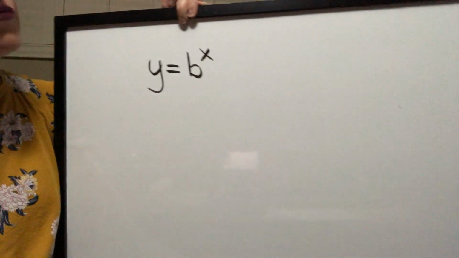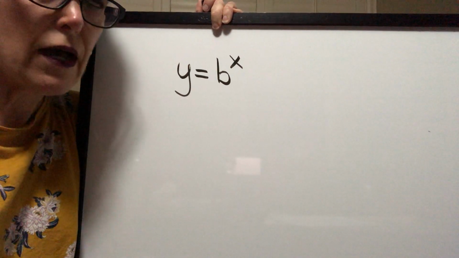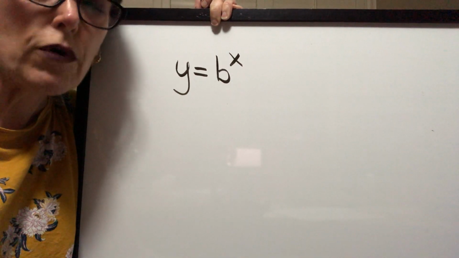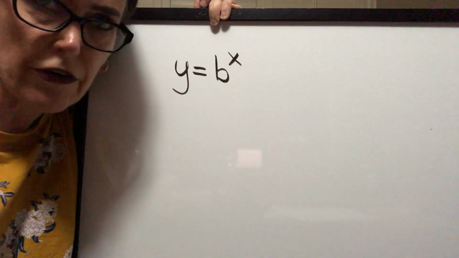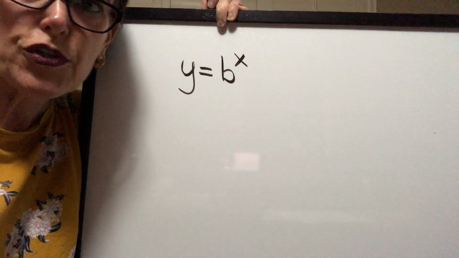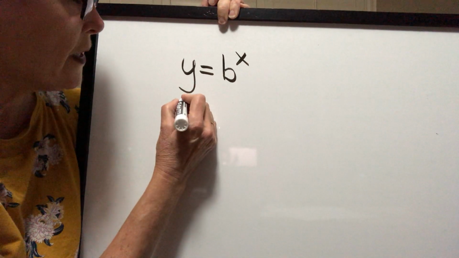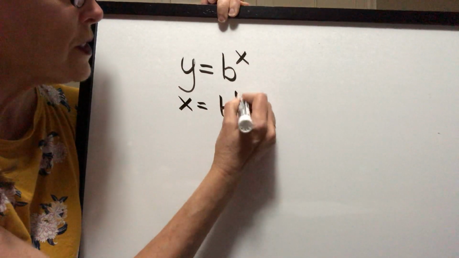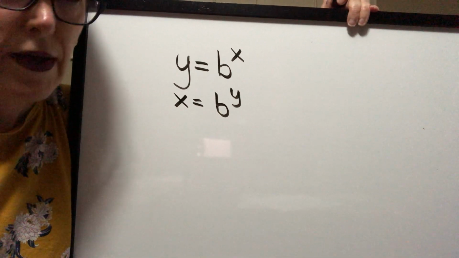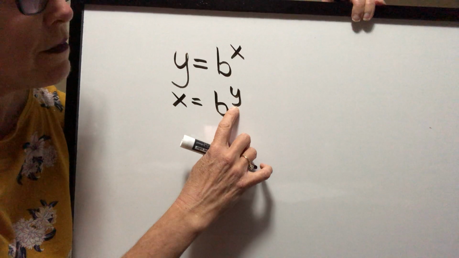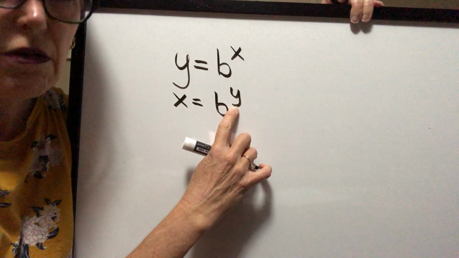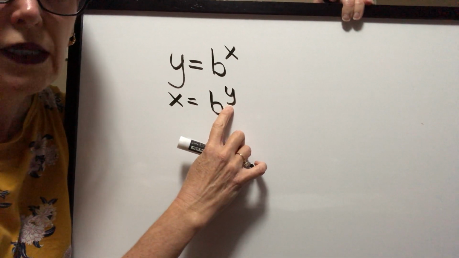When you studied inverses, what you do to find the inverse of any function is you switch the x and the y. If I were to do that here, I would have x equals b to the y. When you switch the x and the y, you are supposed to solve for y. Well, the problem is that the variable you want to solve for is in the exponent. So in order to solve for that number, you have to use what is called a logarithm.